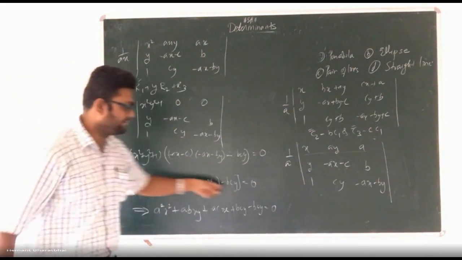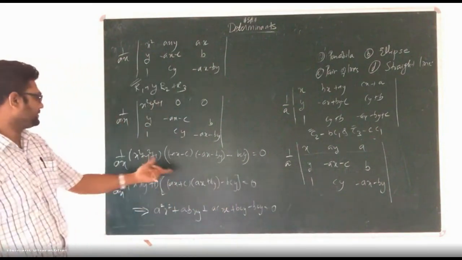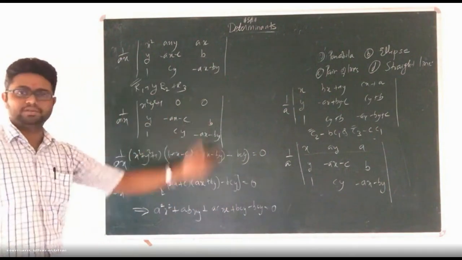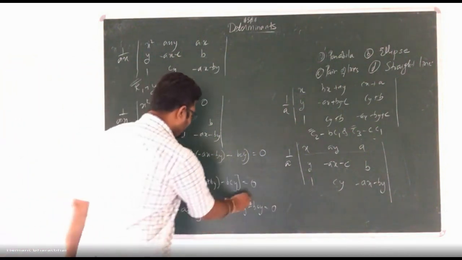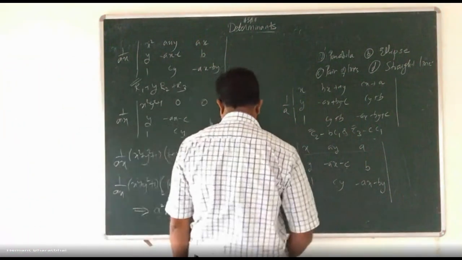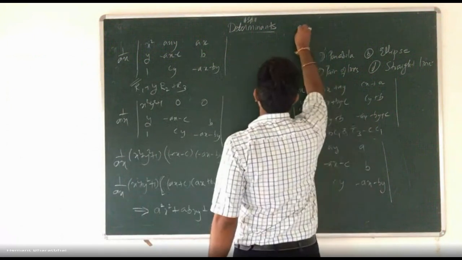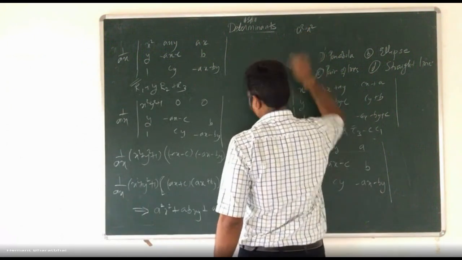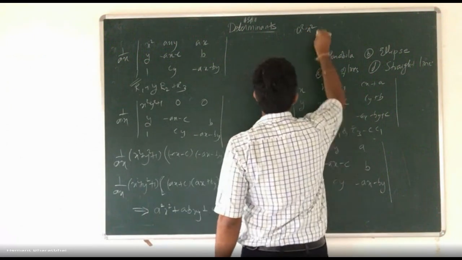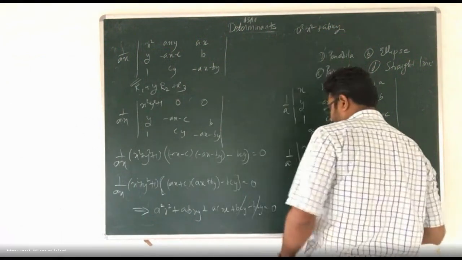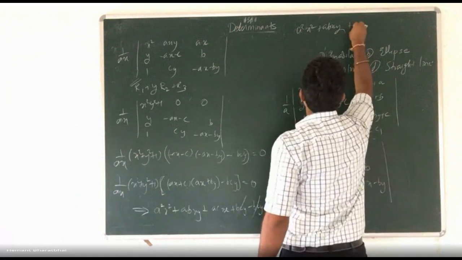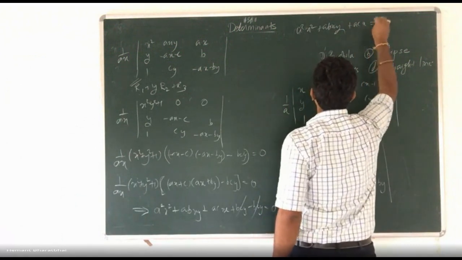This entire term I've taken as 0 upon x square plus y square plus 1, and this ax into 0 is going to give me 0. Now plus bcy and minus bcy get cancelled. So I am getting a square x square plus abxy plus acx equals 0.